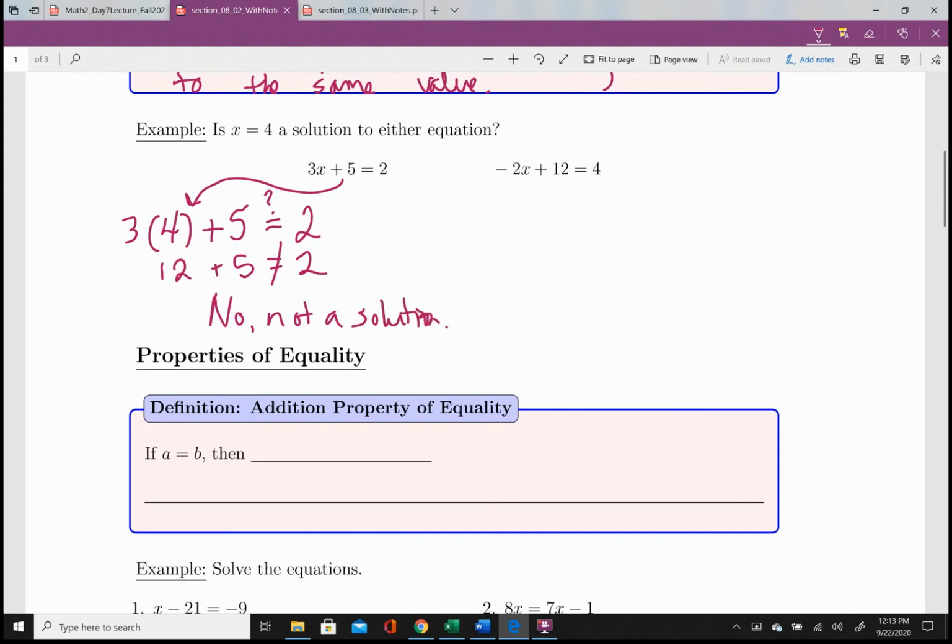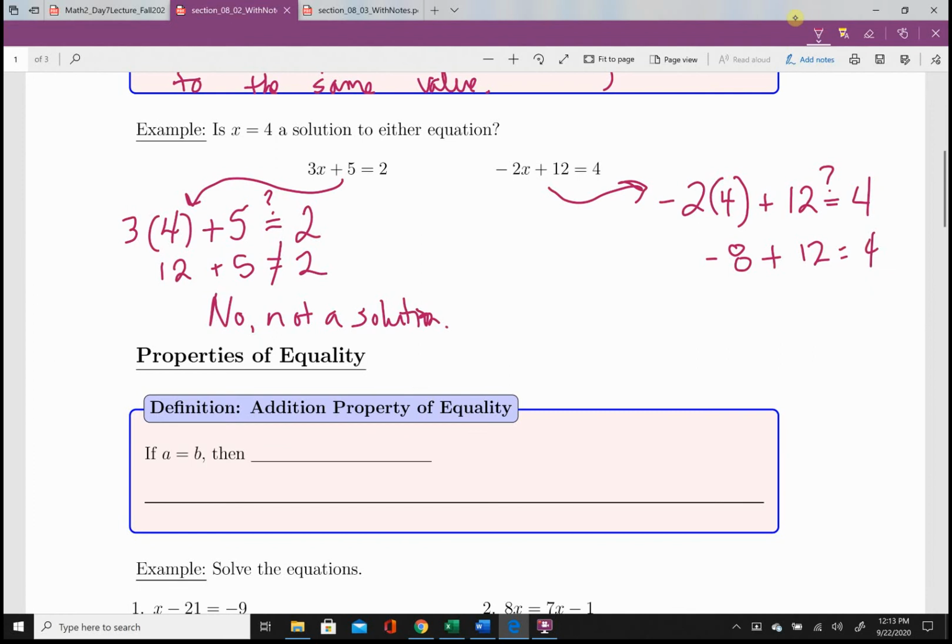Let's see if it's a solution over here. Okay, so now take this other equation, and when you see an x, go ahead and put in a 4, and let's see what happens. Are they equal? Well, multiply the negative 2 and the 4 first to get negative 8. Ooh, this is looking promising, right?